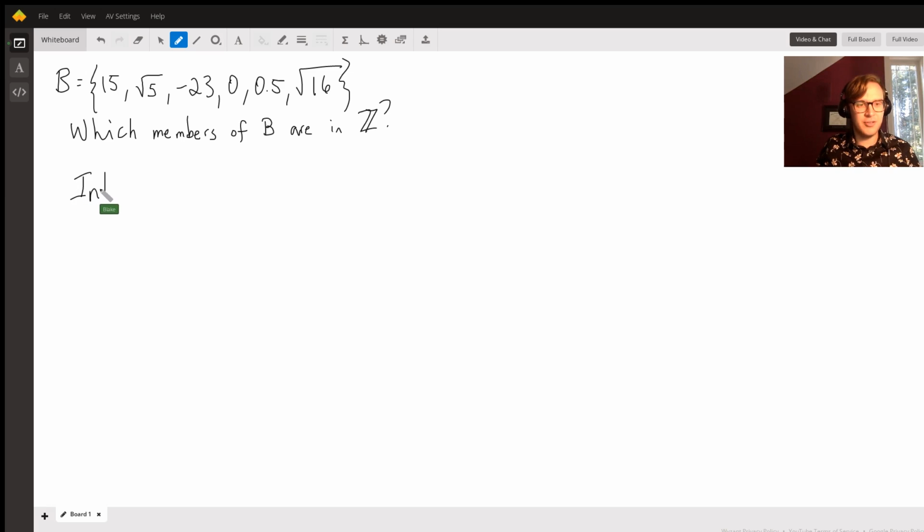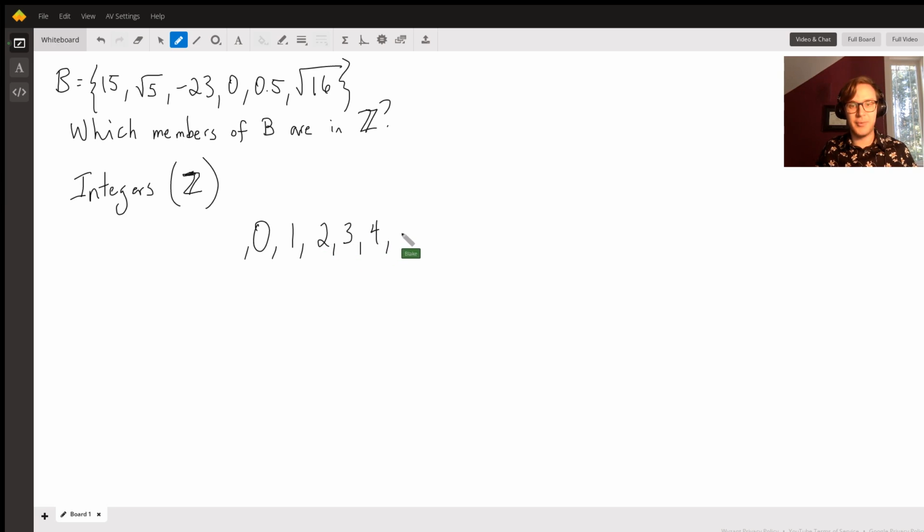Well, the integers, which we would abbreviate with this Blackboard font Z, basically consist of 0. So 0 is an example of an integer. And the positive whole counting numbers, the numbers that just have a nice cutoff after the decimal place, like 1, 2, 3, 4, 5, keeps going on and on.